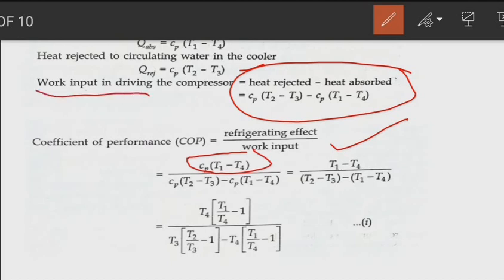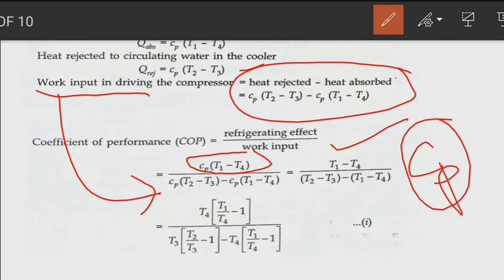Work input is this one, Cp into (T2 minus T3) minus Cp into (T1 minus T4). From this you can cancel Cp from both numerator and denominator. So (T1 minus T4) divided by (T2 minus T3) minus (T1 minus T4). So that is the formula for the COP.